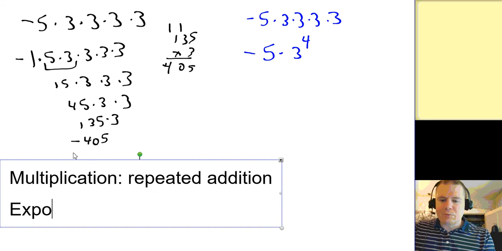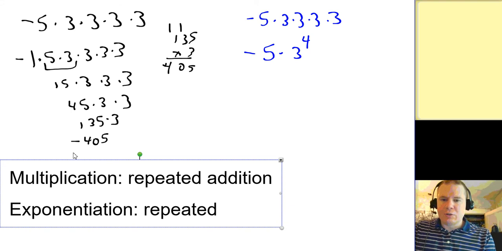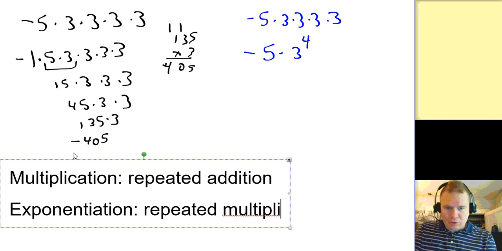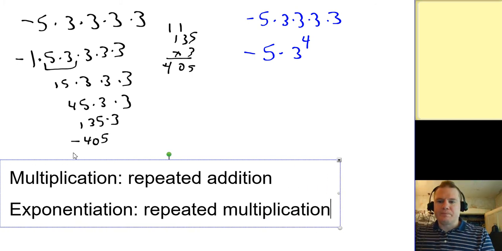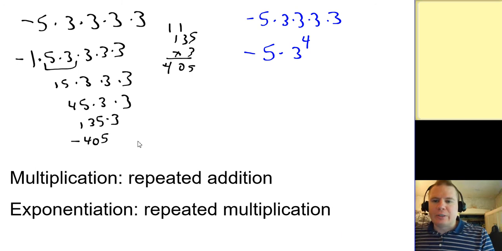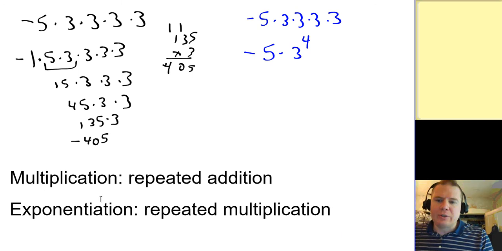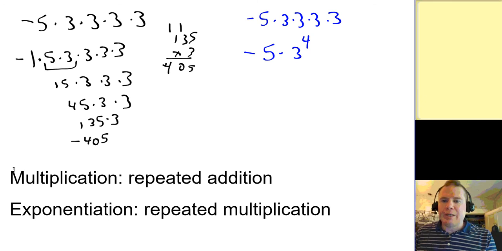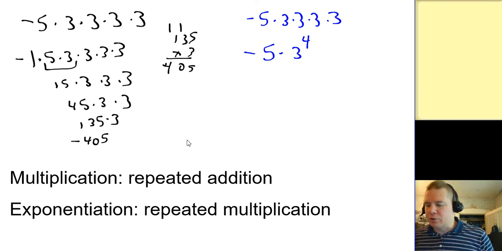Well, exponentiation is repeated multiplication, right? In English, when you add the "ation" at the end, that means the process of, right? The process of multiplying, the process of exponentiating, using exponents, getting multiples, right? All these words are different forms of the same root word here.